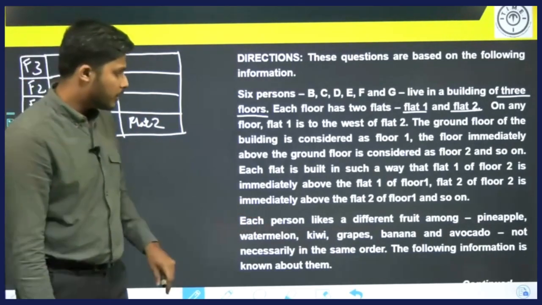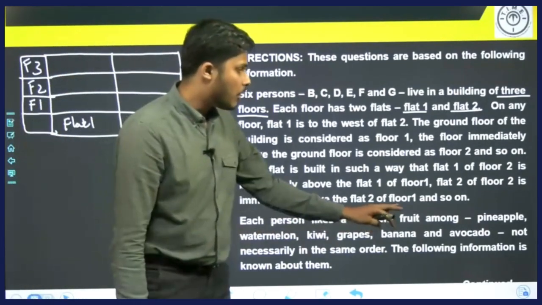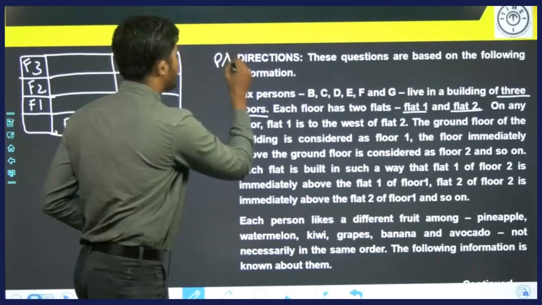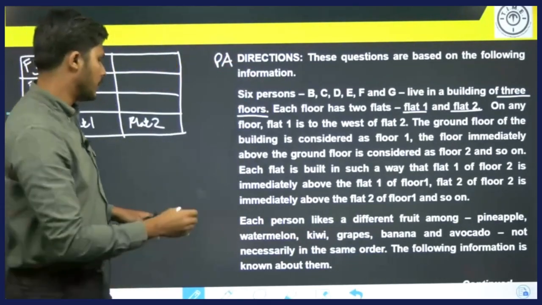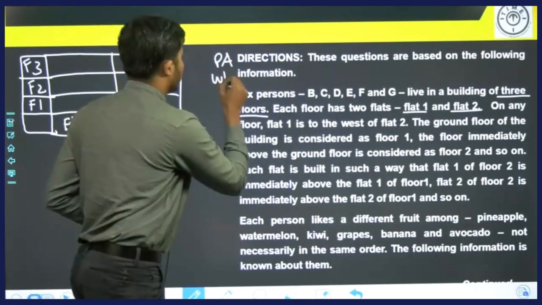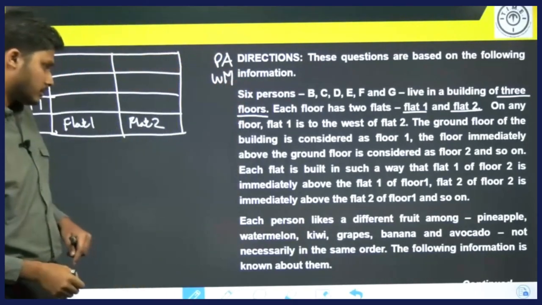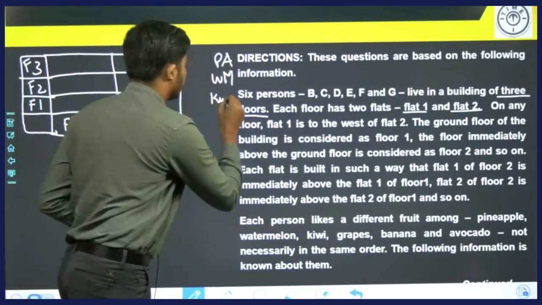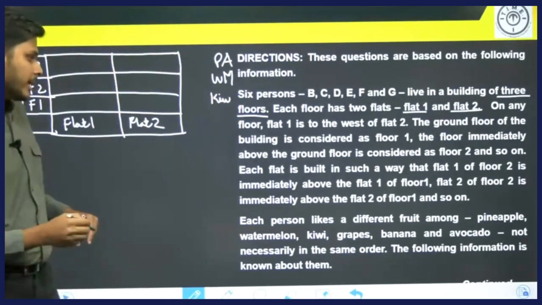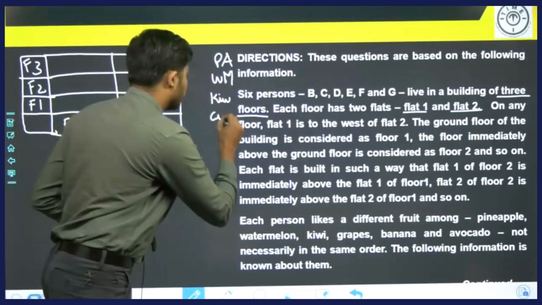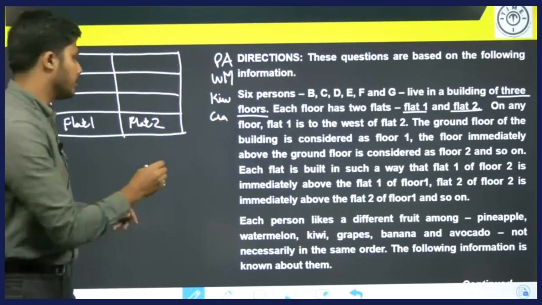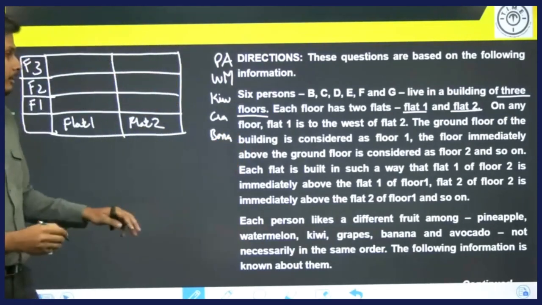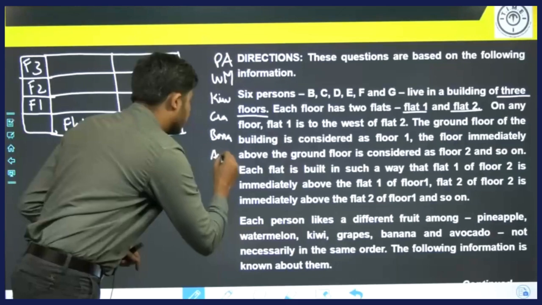And further, each person likes a different fruit among pineapple. So let's write it down. Let's write pineapple as PA. Next, watermelon, then kiwi, next grapes, and then banana and avocado.